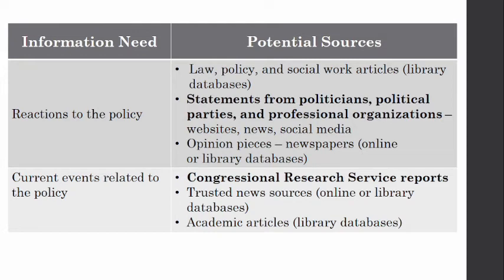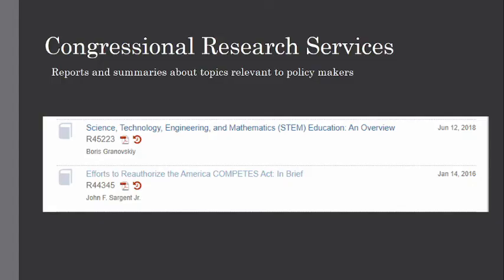You also might want to learn about current events related to the policy. Congressional Research Services, that's what we talked about earlier, they do the summary for the bill, but they also make reports about a lot of other things. And this is what your congressmen and women are reading and using to understand what's happening in the world around them. So that is a really wonderful research service.